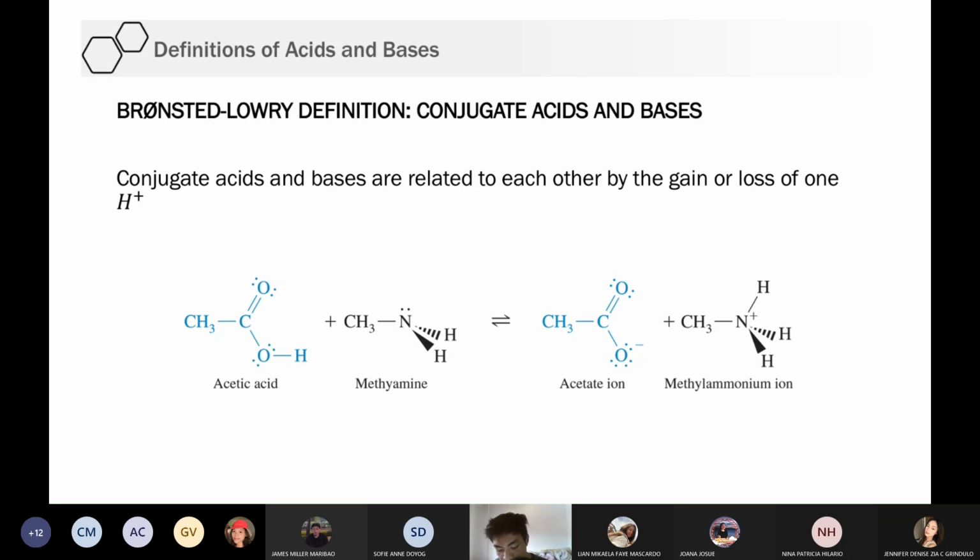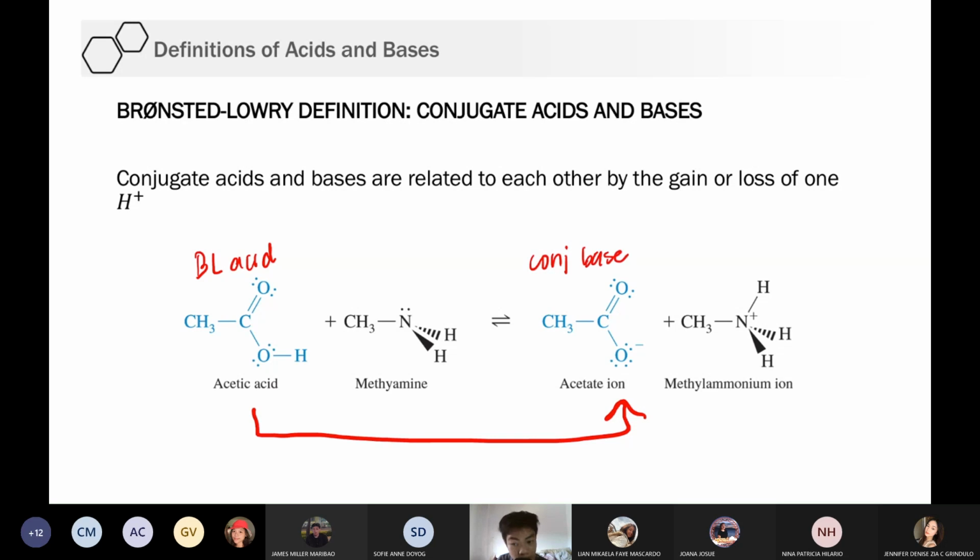Okay. So, acetic acid, look at what happened. It lost a proton pagdating sa product side. So, obviously, since it lost the proton, we will call it the Bronsted-Lowry acid. Ano tawag sa acetate ion? Siya ay conjugate base. Okay, so again, kapag acid yan sa reactant, pagdating sa product side, we will now call it the conjugate base.